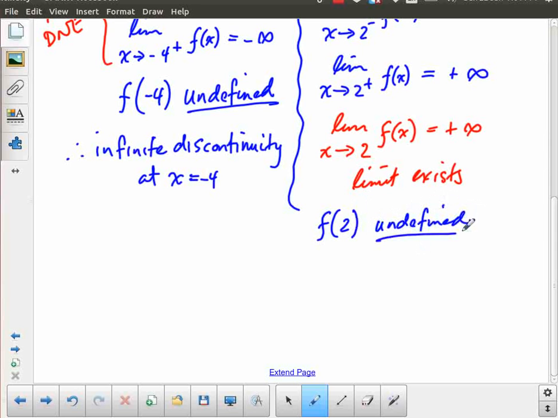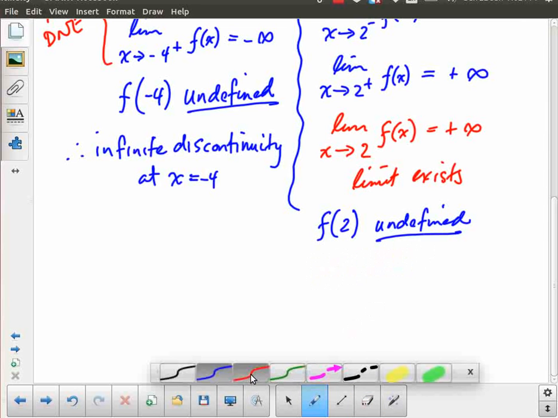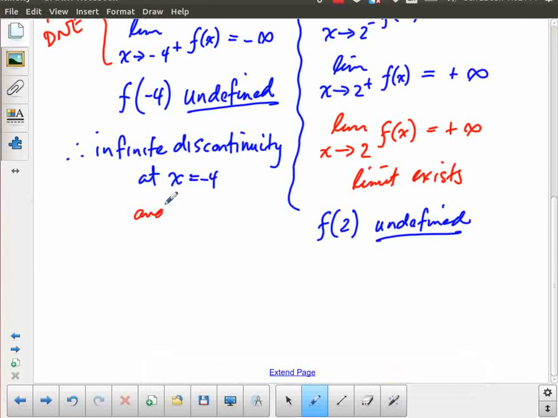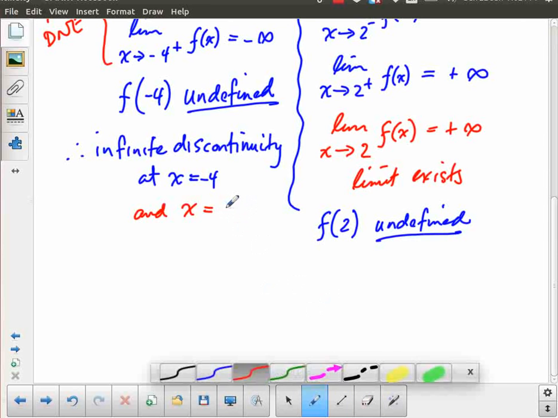Because it is undefined, I don't care whether this limit is positive or negative infinity. This cannot match anything. So once again, we have an infinite discontinuity at x equal -4 and x equal 2, because in both cases, it is an infinite discontinuity.